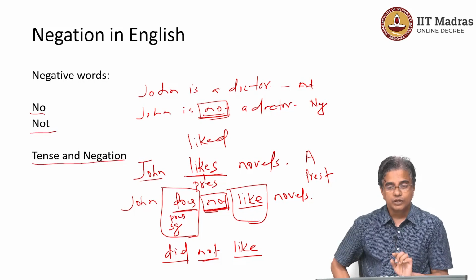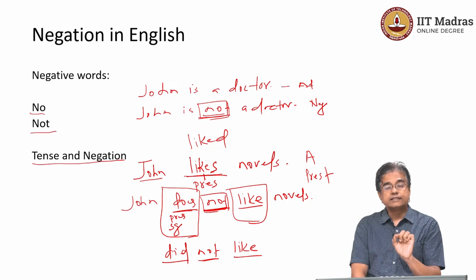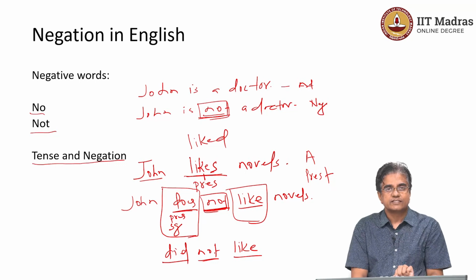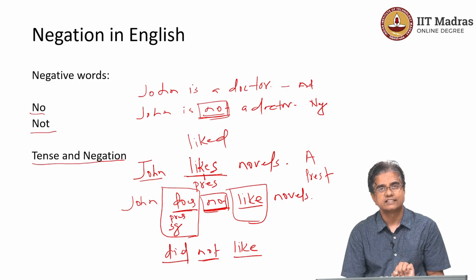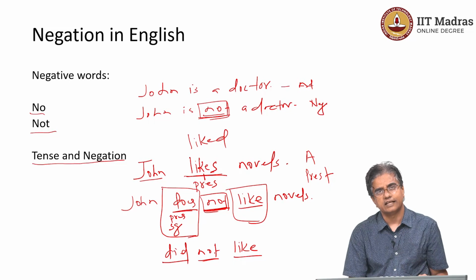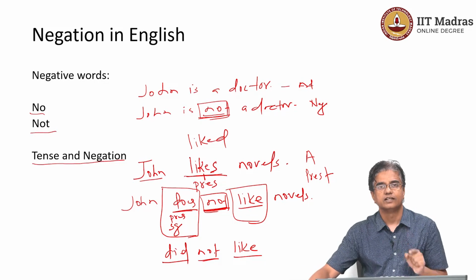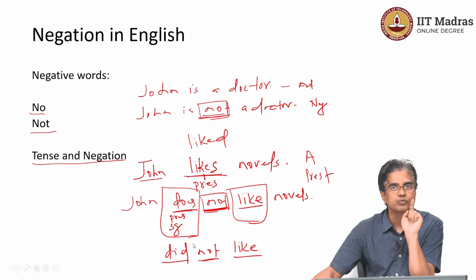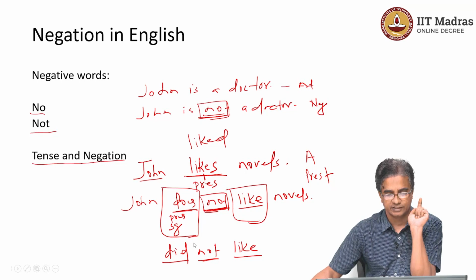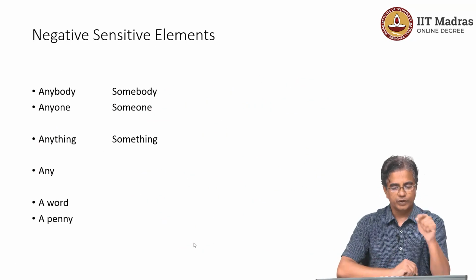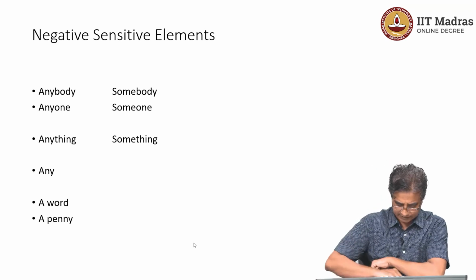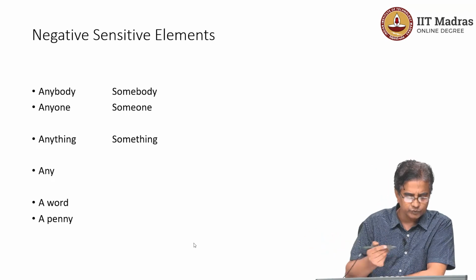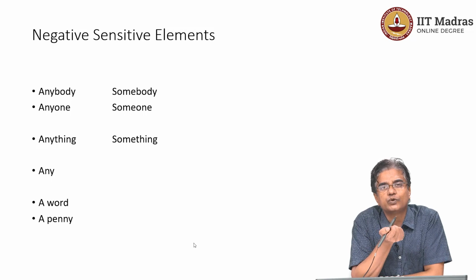Now, this is about affirmative and negative sentences. What I want you to see next is, there are certain elements in English sentences which can occur only when a sentence is negative, not when the sentence is affirmative. Let's look at those sentences. We call them negative sensitive elements. They are not something that we don't know about.